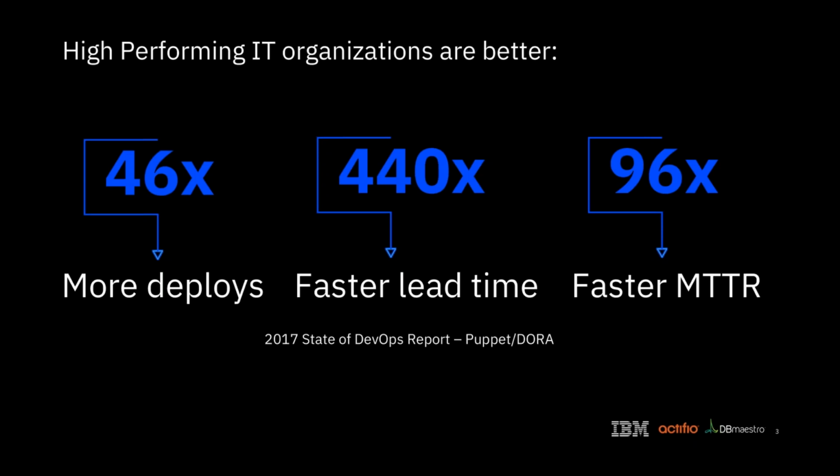Well, the DevOps Research Association, DORA, those guys, they've done the studies, and high-performing IT organizations, which we know are correlated with successful companies in the market, do a lot more deployment. They have faster lead time from when new code shows up until it enters production. They go much faster. And when things go wrong, their mean time to recovery is like 100 times faster than an average or a poor organization.